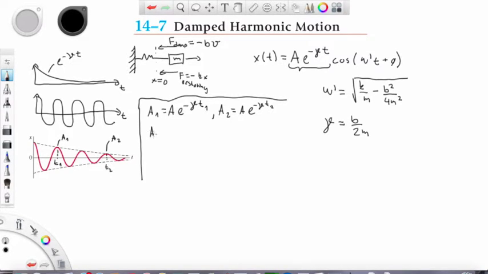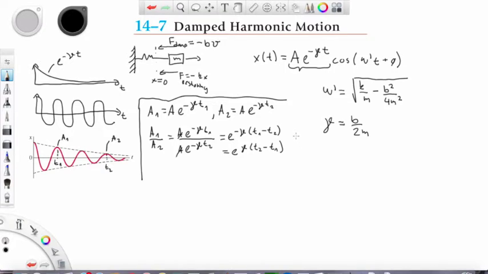Now, taking the ratio of the two, A1 over A2, we get A times e to the minus gamma T1 divided by A times e to the minus gamma T2. The A's will cancel, and we get e to the minus gamma T1 minus T2, which is same as e to the gamma T2 minus T1.